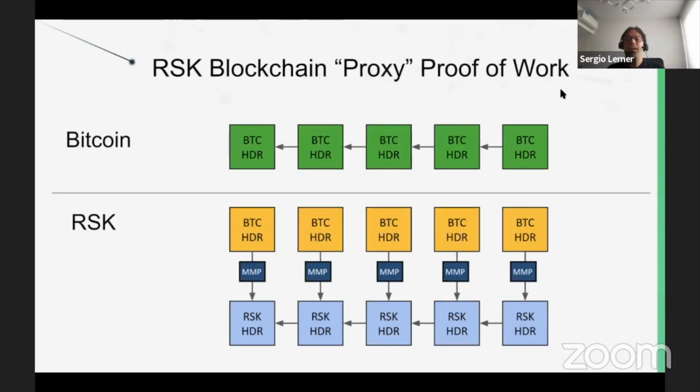So if you take a look at how the different blockchains are created, the Bitcoin blockchain is obviously a chain of Bitcoin headers, and the Rootstock blockchain is a chain of Rootstock headers, but each one of these Rootstock headers is connected through this merge mining proof with a Bitcoin header having a specific target difficulty, which might not be the same target difficulty as a Bitcoin block, but it's approximately 20 times lower.